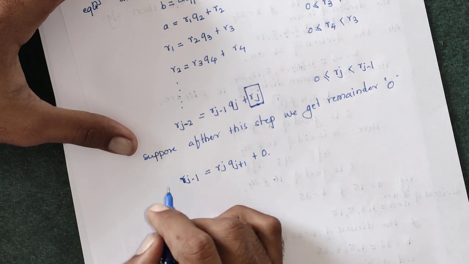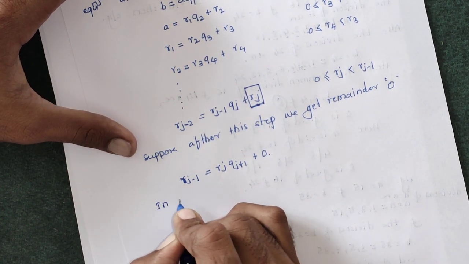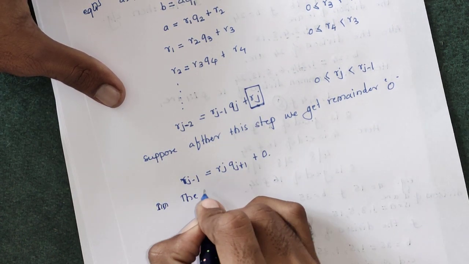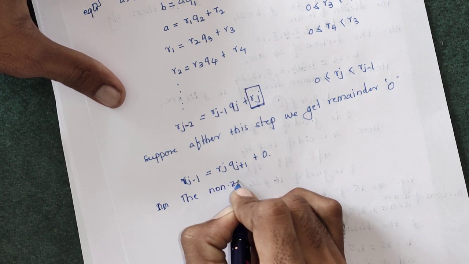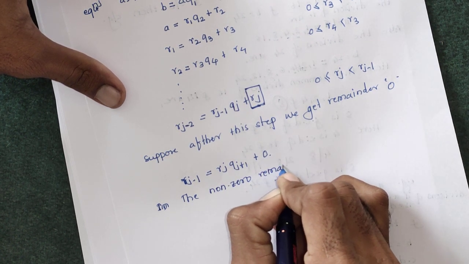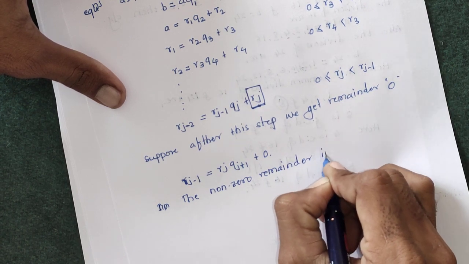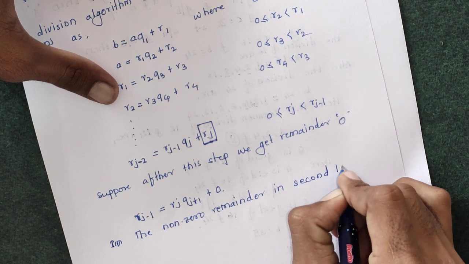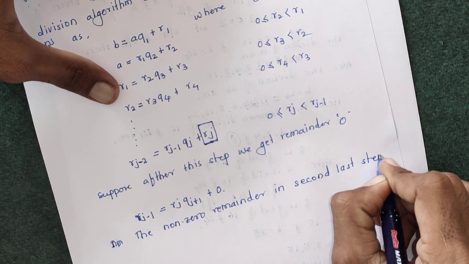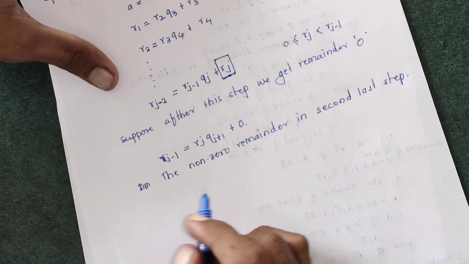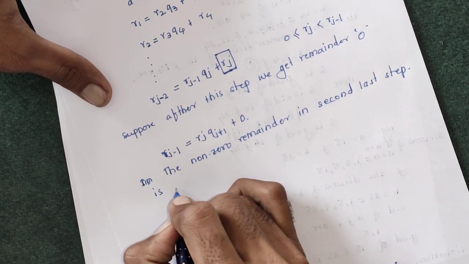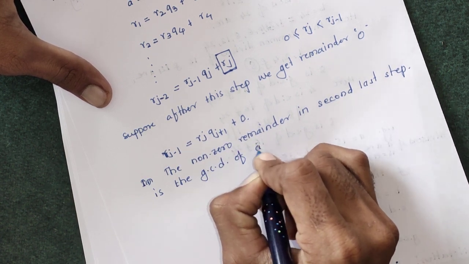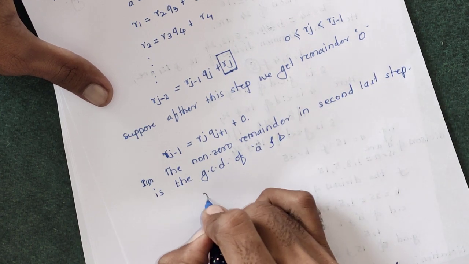Thus the non-zero remainder in the second last step is the GCD of A and B, that is Rj.